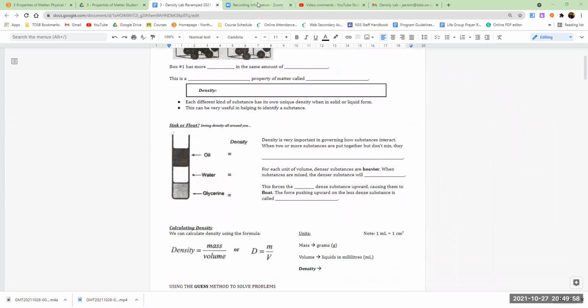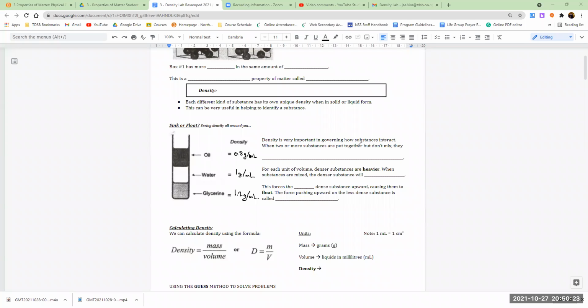Sink or float. The density of oil, I believe the oil that I just said, was maybe 0.8 grams per milliliter. Water is exactly 1 gram per milliliter, and glycerin was approximately 1.2 grams per milliliter. So per same amount of volume, glycerin is heavier than water, which is heavier than oil. Density is very important in governing how substances interact.